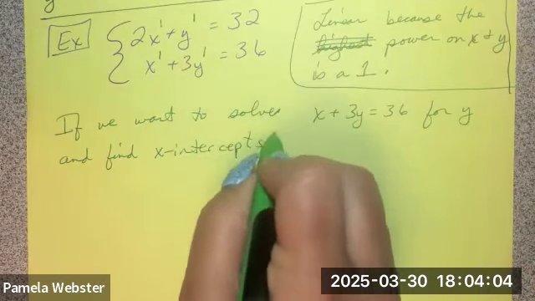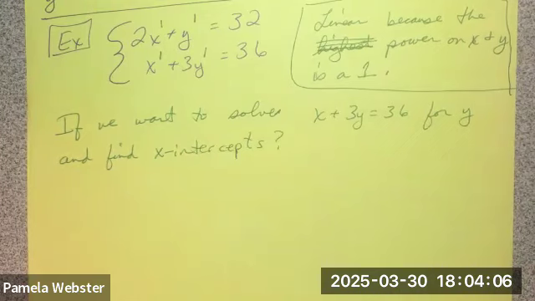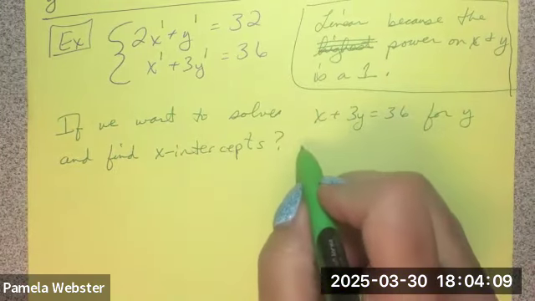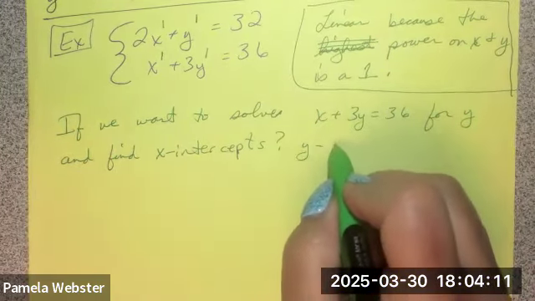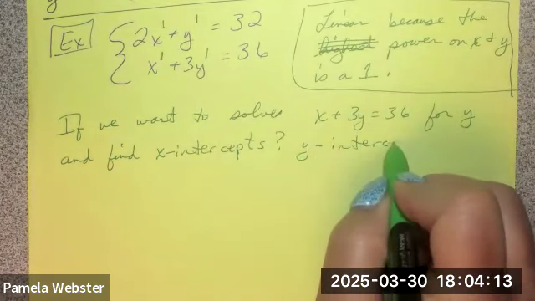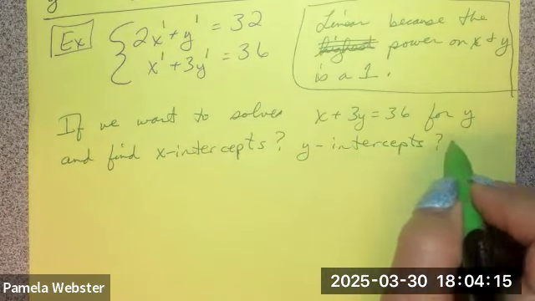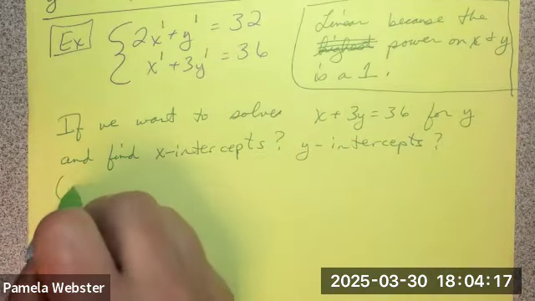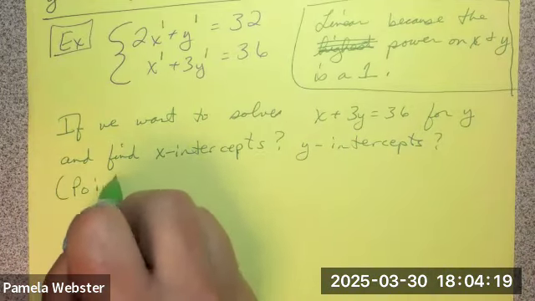If we want to do that, we might even want to find some y-intercepts. Those would be points that are on the graph.